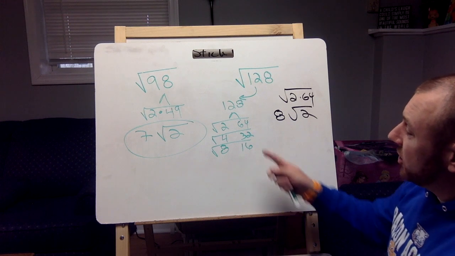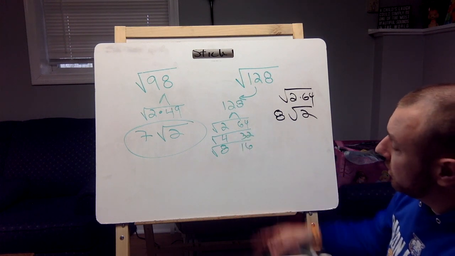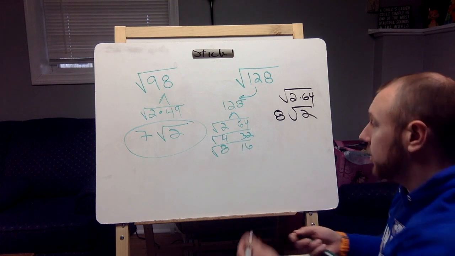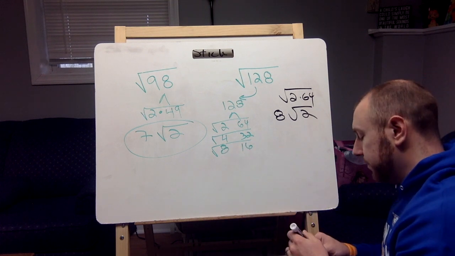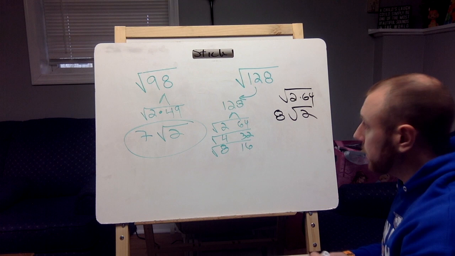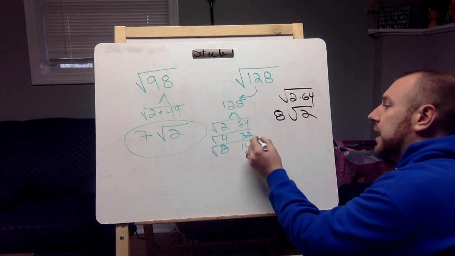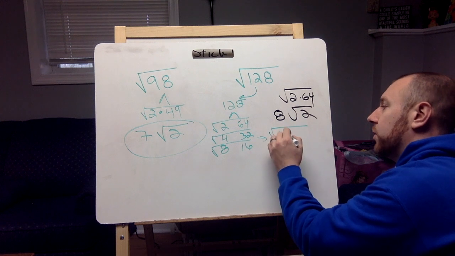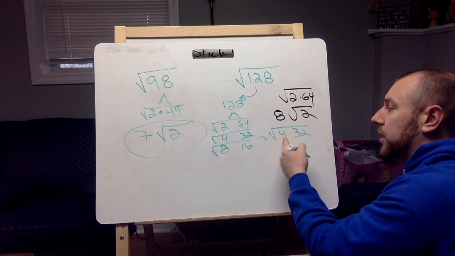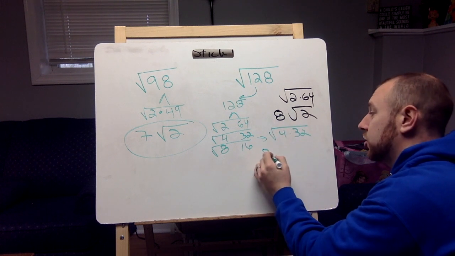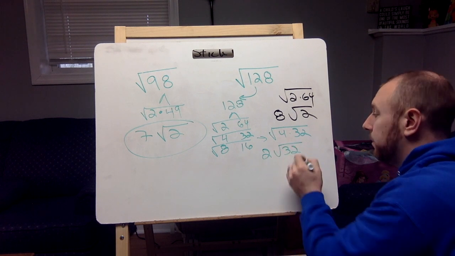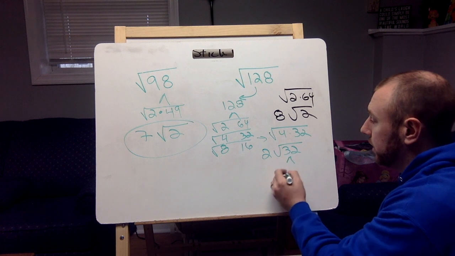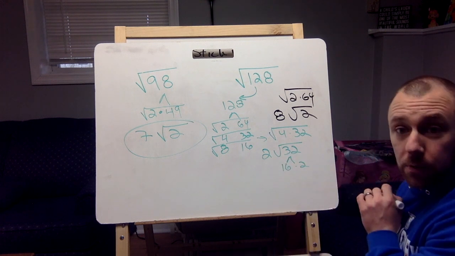But let's say you look at these other two numbers, and you say, well, 4 is a perfect square, so let's take that example and break that down. So I have 4 times 32. Well, the square root of 4 is 2. But I can now break down the 32 into 16 times 2.